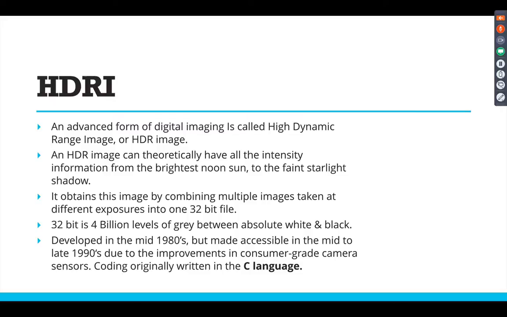It started to make sense that we could actually incorporate high dynamic range images. To give you an idea how old the code is for it, it was originally written in the C language, which is pretty old. It's not ancient, but it's pretty old. Right? C is the precursor of C++ and C# and all modern programming languages that we use now pretty much.